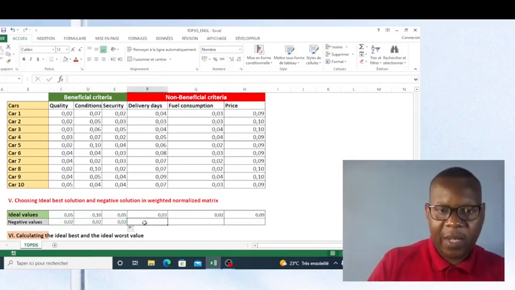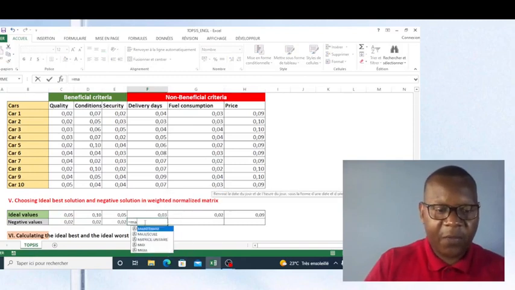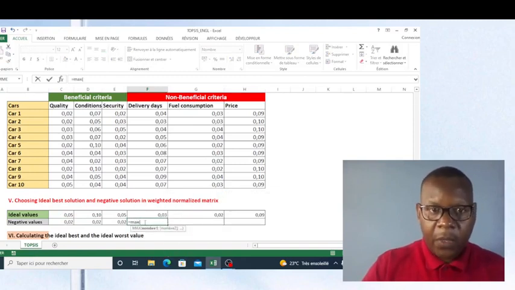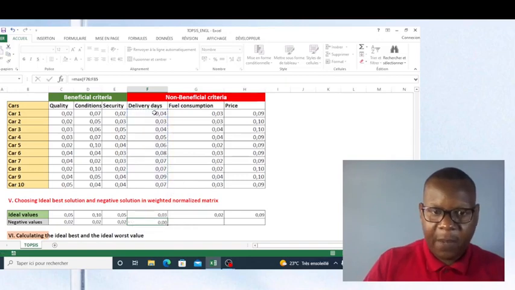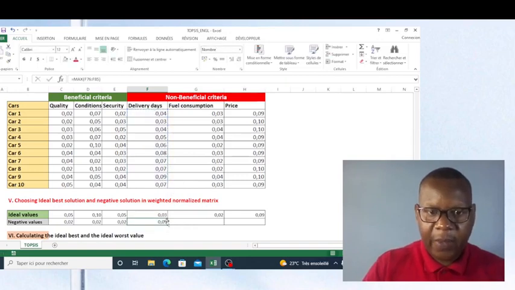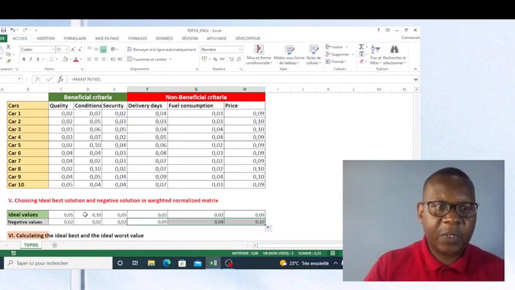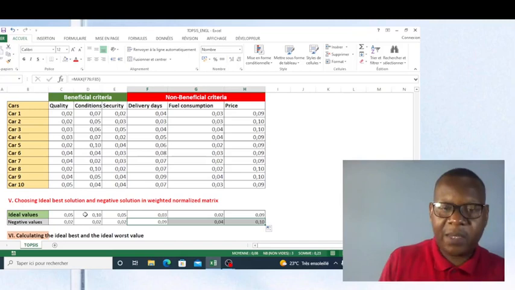Now the next step is also to find the maximum value for non-beneficial. I find the maximum value here. I press enter. Then I can copy only on non-beneficial criteria. These are the ideal and negative solutions chosen in the weighted normalized matrix.